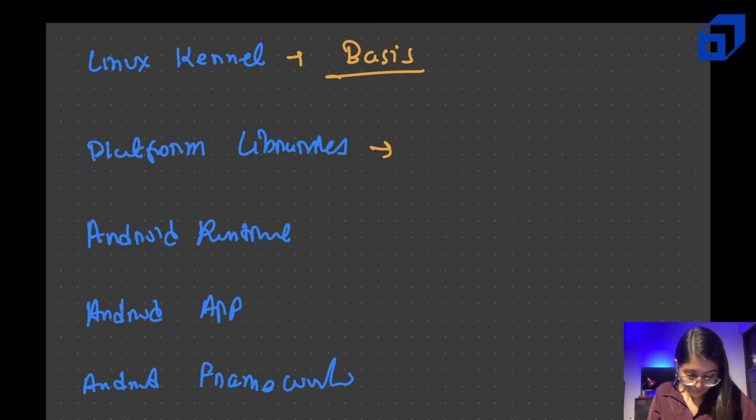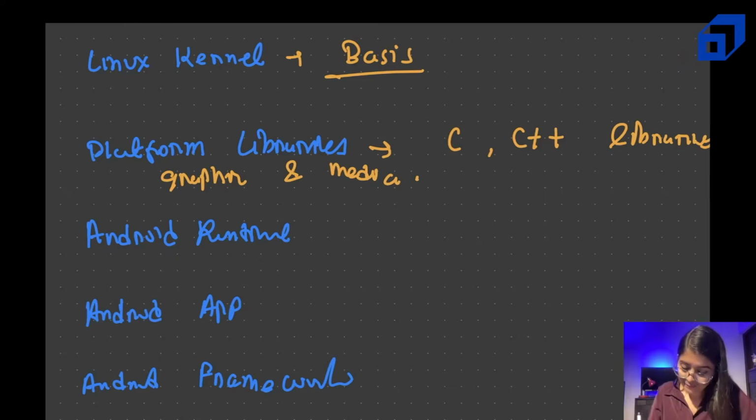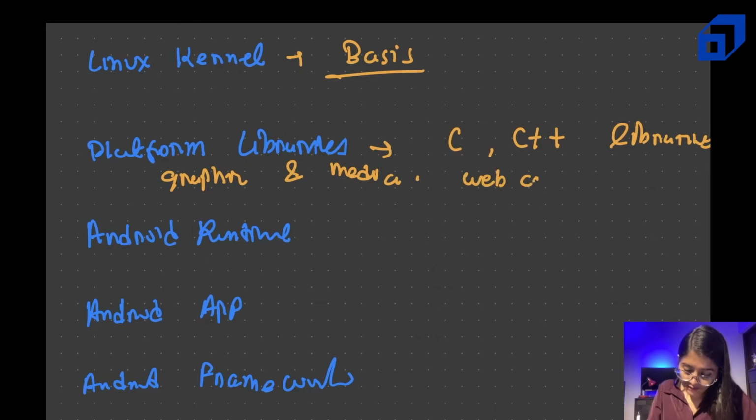Android's platform libraries are native C and C++ libraries, and they provide support for graphics, media, and WebKit libraries as well. So it allows developers to implement graphic functionality and display web content. All this is possible because of these platform libraries.